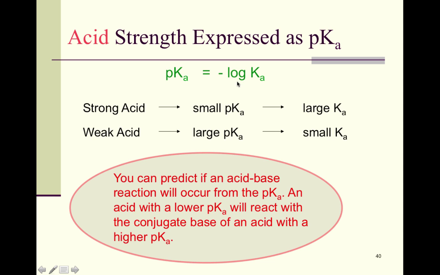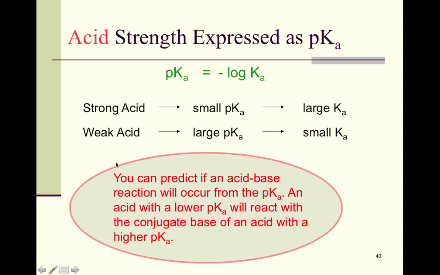You've seen this done before when we did pHs. If you remember, a pH is minus the log of the H concentration. So anytime in chemistry we see a lowercase p in front of a symbol, we know that they took the number and manipulated it by taking minus the log of that. And those numbers are, like I said, easier for us to look at, like pHs and such.